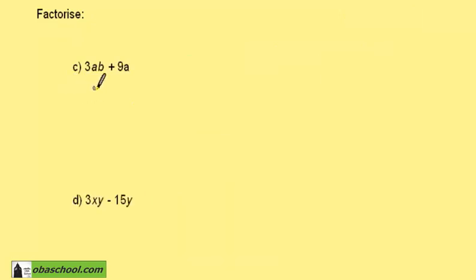We're now going to consider 3ab plus 9a. 3ab can be written as 3 times a times b. We then have the plus sign, and we could write 9a as 3 times 3, giving us the 9 times a.